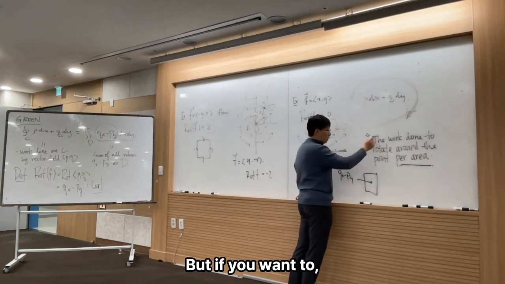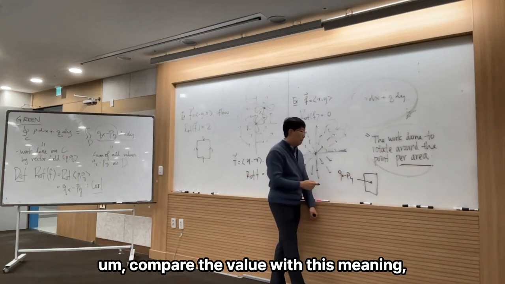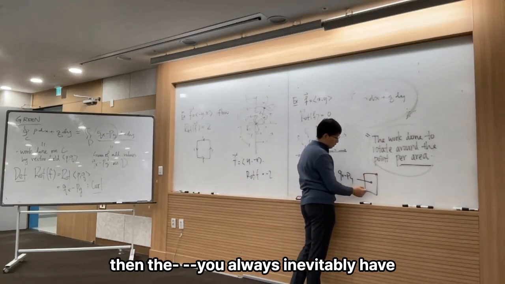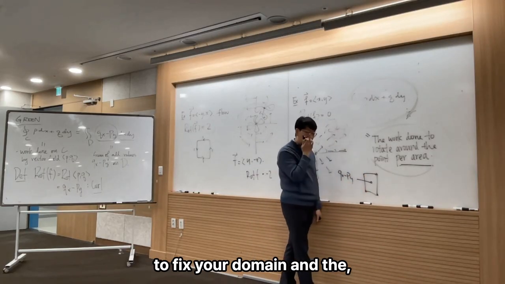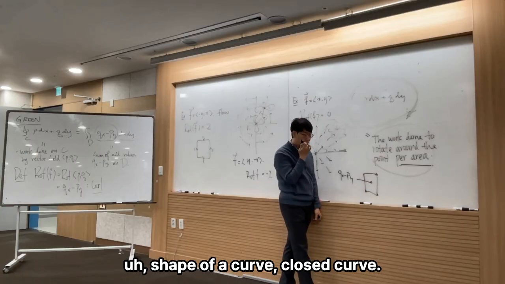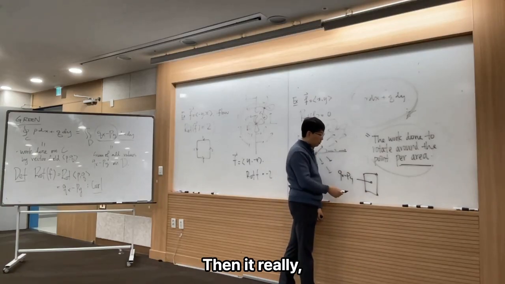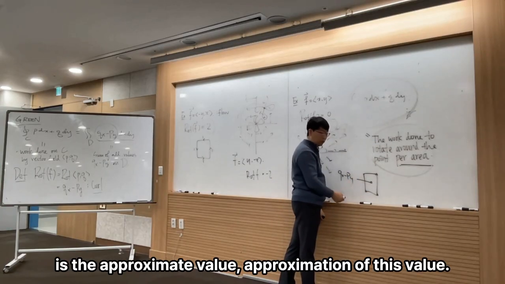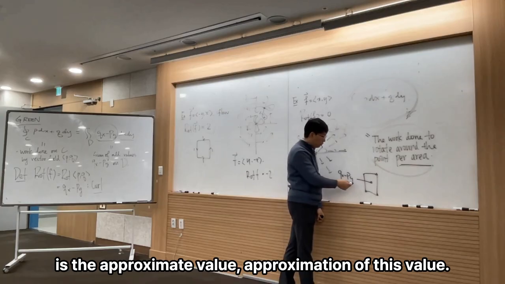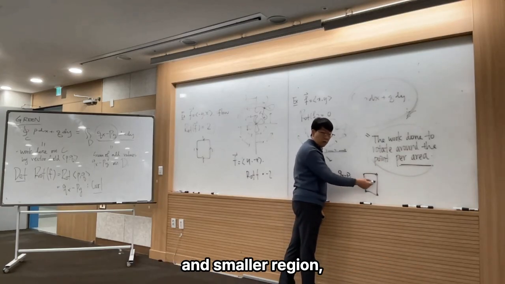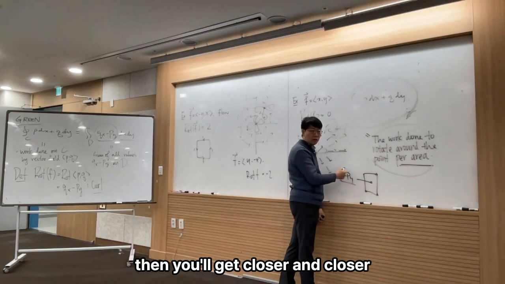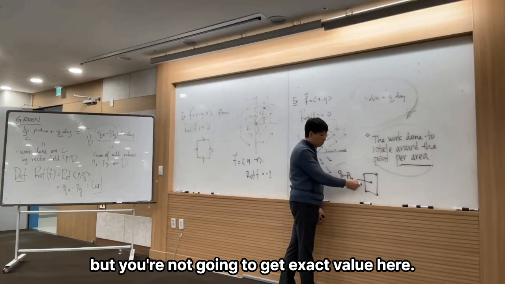But if you want to compare the value with this meaning, then you inevitably have to fix your domain and the shape of a closed curve. Then what you get by this meaning is an approximation of this value. If you take a smaller and smaller region, you get closer and closer to the real value, but you're not going to get the exact value here.